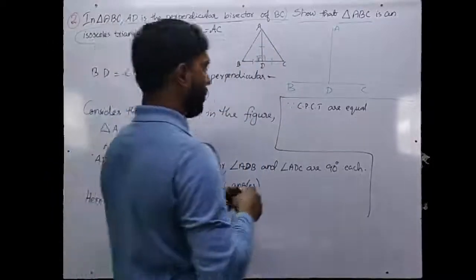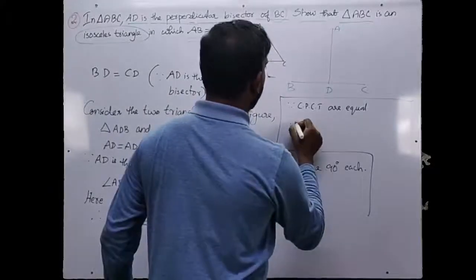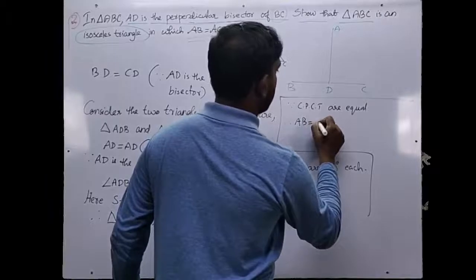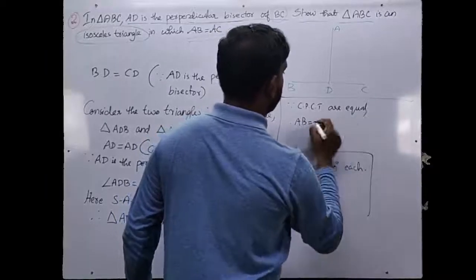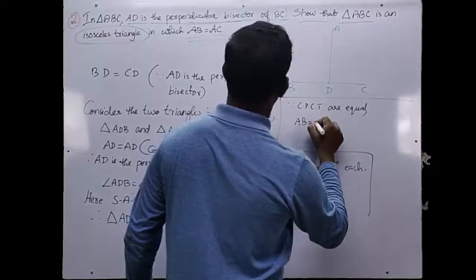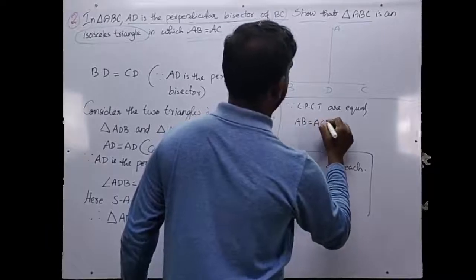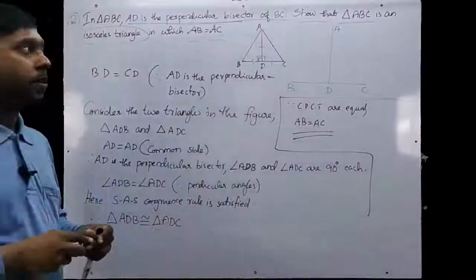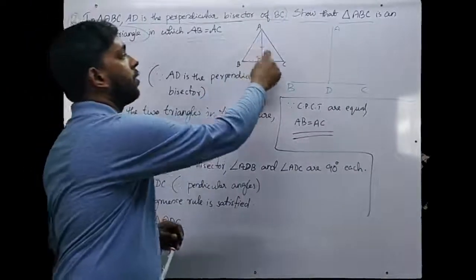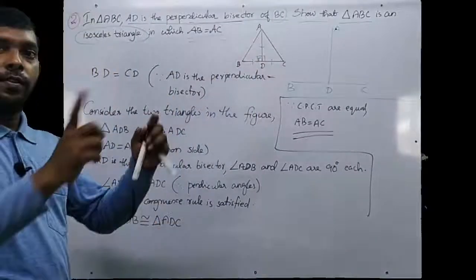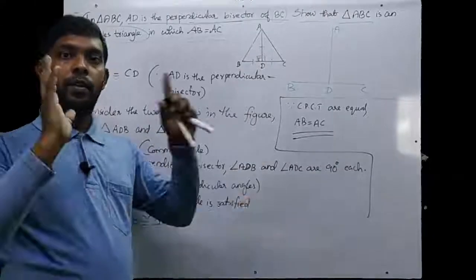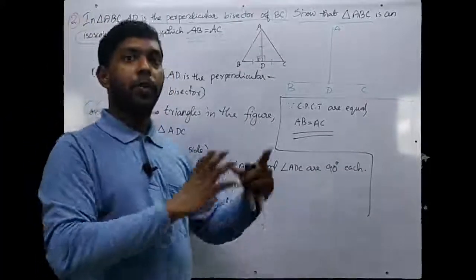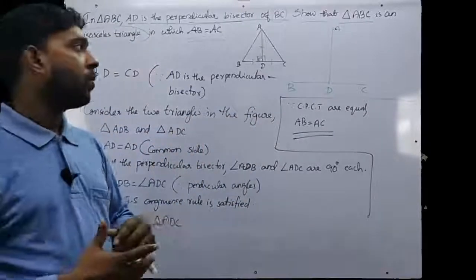So therefore AB is equal to AC. Why is AB equal to AC? Because these two triangles are congruent triangles. Since they are congruent triangles, their corresponding parts, corresponding sides, corresponding angles are equal to one another.